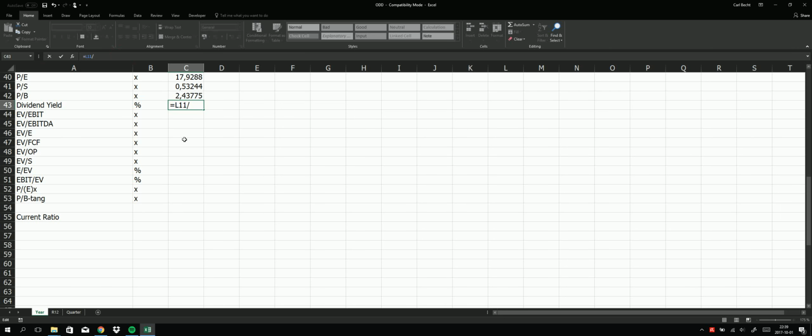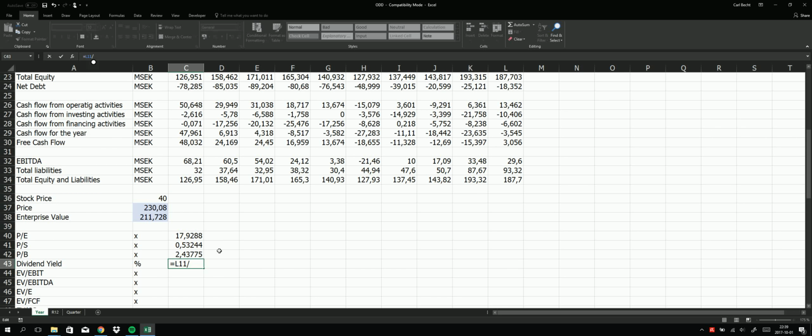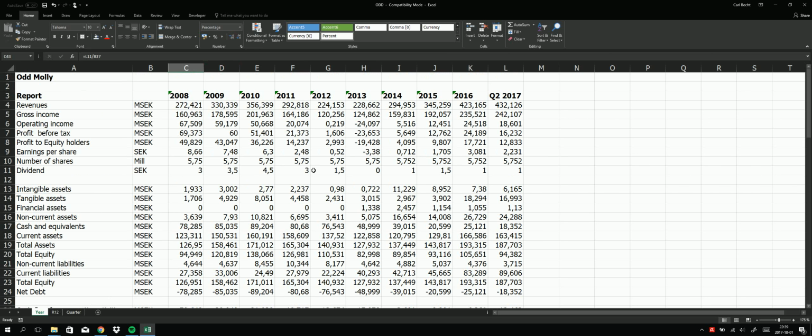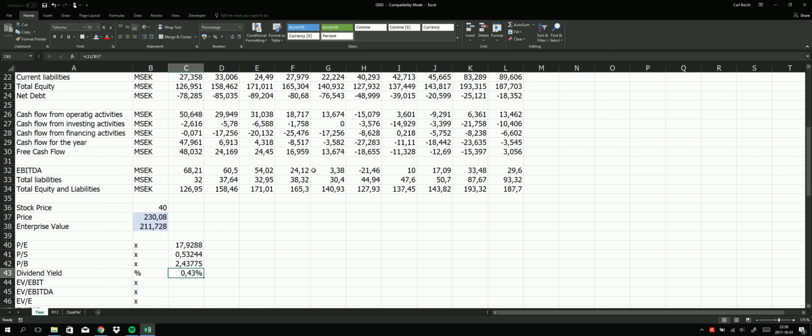So in order to get a dividend yield, you take the dividend and divide it by the price. So you'll have something like this. Does it seem reasonable?